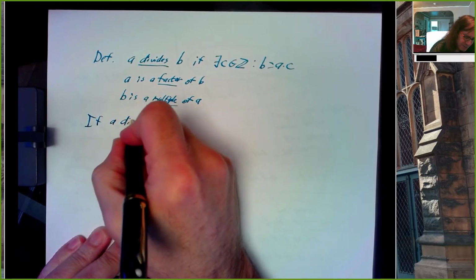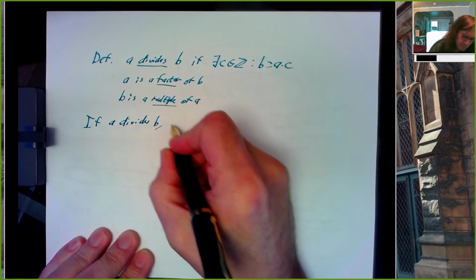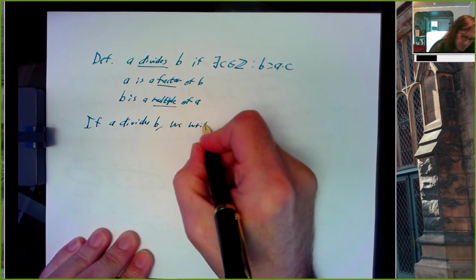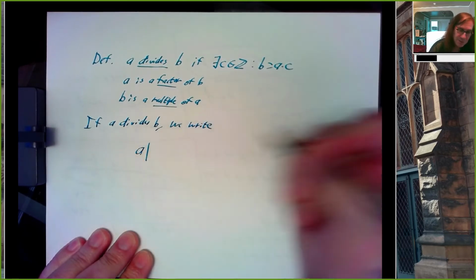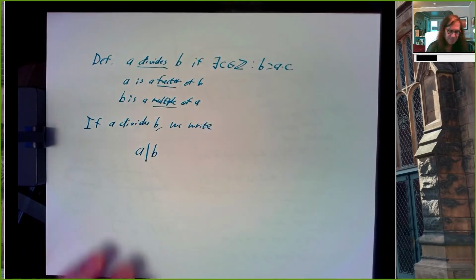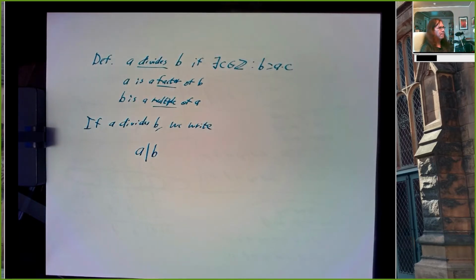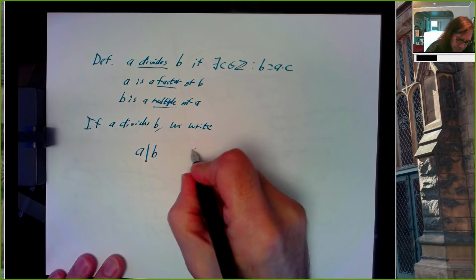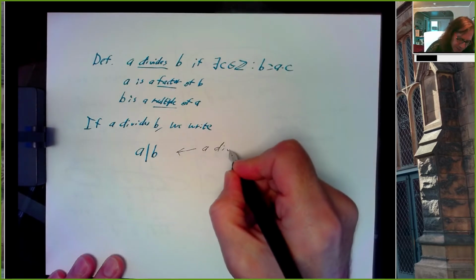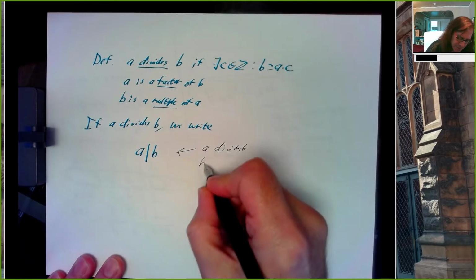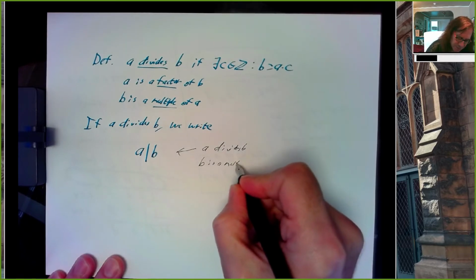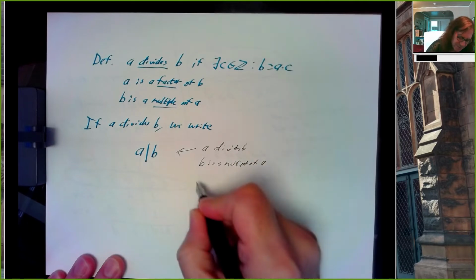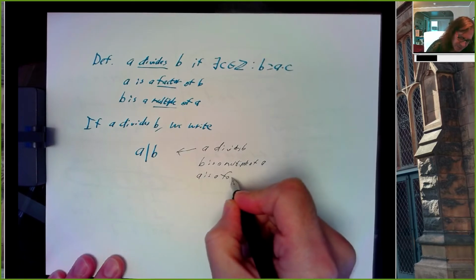If A divides B, we write A, vertical pipe, B. So when you see this symbol in the book, in notes, whatever, that means A divides B. B is a multiple of A. A is a factor of B.